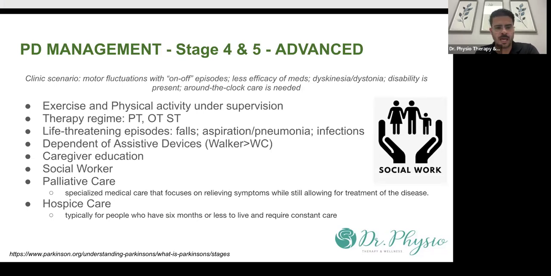It's important to educate the caregiver, and also, for stage 5, a little bit more social work, I would say, tasks related to palliative care, which is more like helping to relieve symptoms while still allowing for the treatment of the disease.